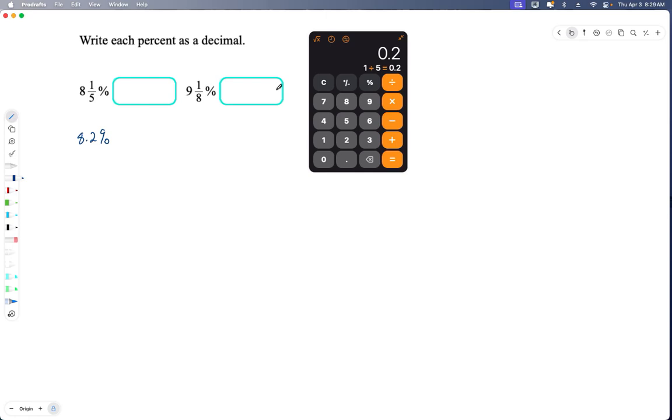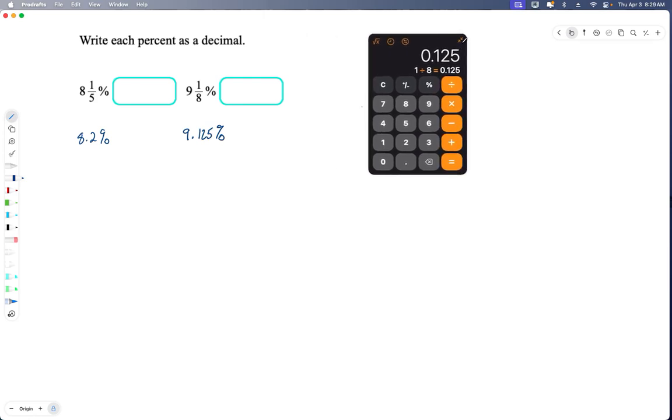All right, now we do the same thing here. 1 divided by 8 is 0.125. So that's 9.125. We are just using it to replace the fraction because that makes our life a lot easier when we go to multiply it by 100. All right, so now that it is a percent, to take it to a decimal, we're going to divide both of these by 100. So 8.2 divided by 100.